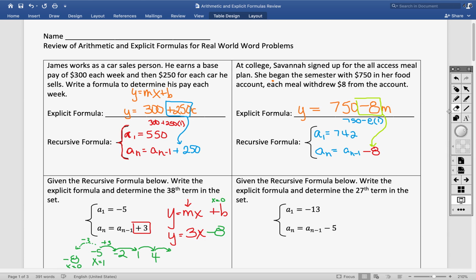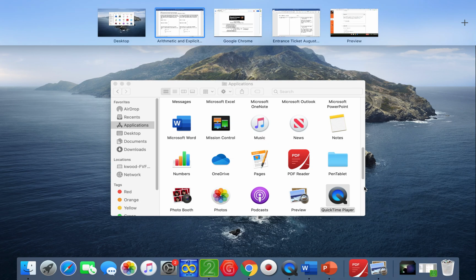Then, to determine the 38th term in the set, all you do is take the number 38 and plug it in for x. So you take y equals 3 times 38 minus 8, and you put that into your Desmos graphing or scientific calculator.